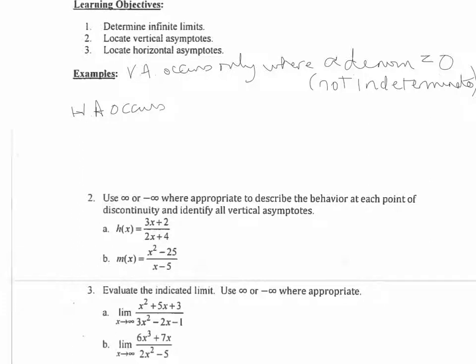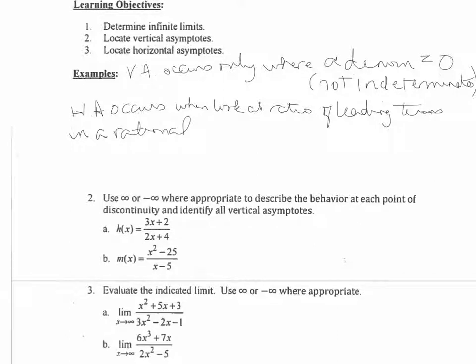Now, for horizontal asymptotes, a horizontal asymptote occurs when you look at the ratio of leading terms. Remember we said if you put it in descending order, you're only interested in the first term on the top and on the bottom because they're the ones with the biggest exponents. So we're only looking at the ratio of the leading terms in that rational function.